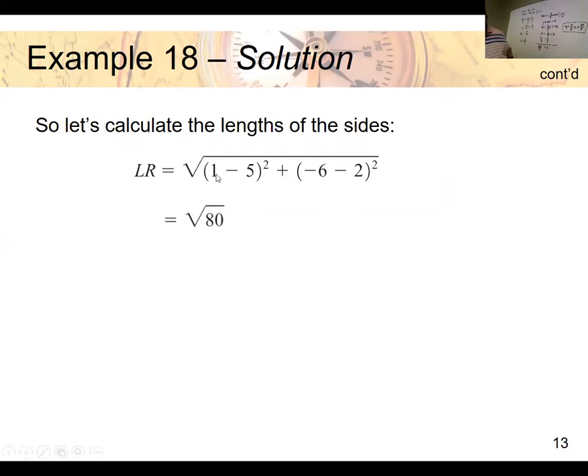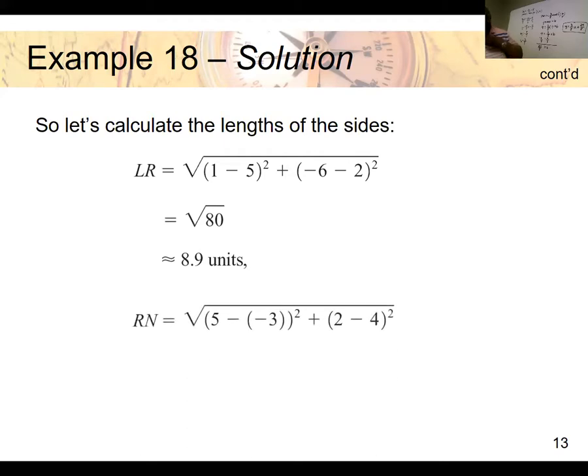Now, 1 minus 5 is -4. If you square the 4, that'll be 16. -6 minus 2 is -8. -8 squared is 64. So 64 plus the 16 would give you this 80. That's underneath the radical. And the square root of 80 to one decimal place would be approximately 8.9 units.